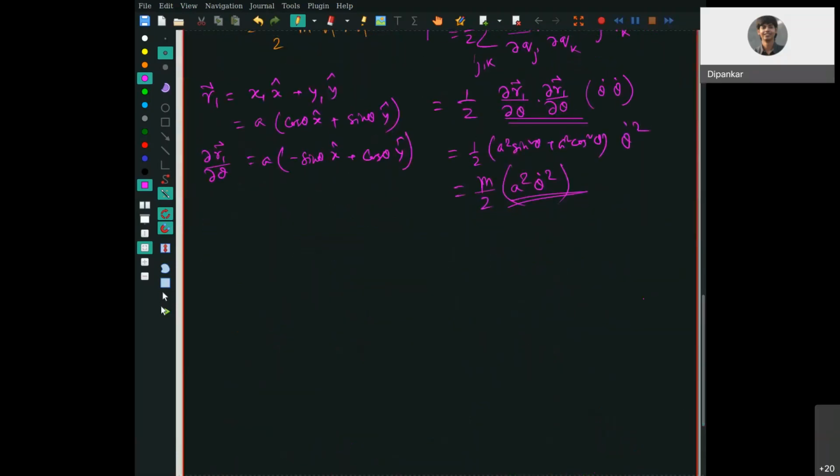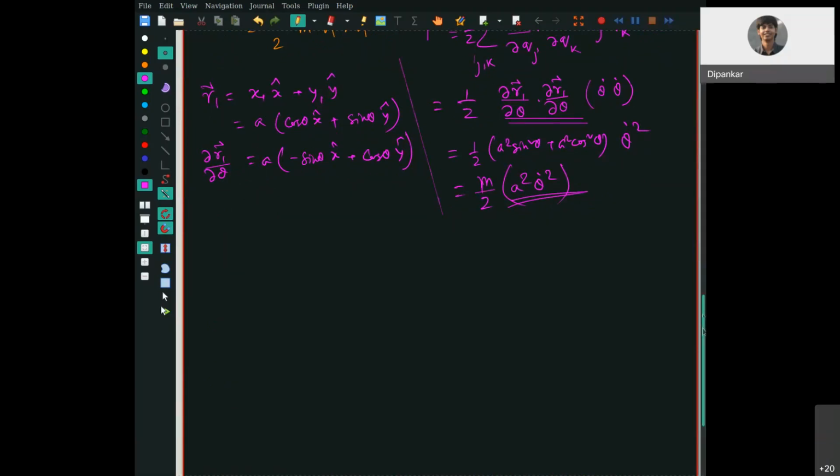Similarly, if the particle moves on the surface of a sphere, you have x1, y1, z1 for the first particle, and you just use your spherical polar coordinate transformation, and you can check by a similar use of this formula that things fall into place.